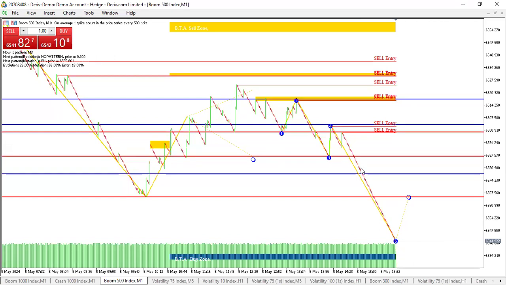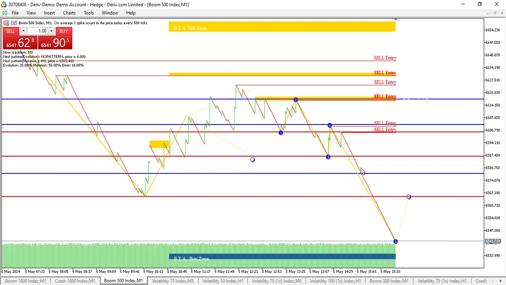But if you want to enter a trade that will not give you a very huge drawdown, you should trade according to the trend. So let's say if the trend is going upwards, then you are trying to catch spikes on Boom 500 or Boom 1000.